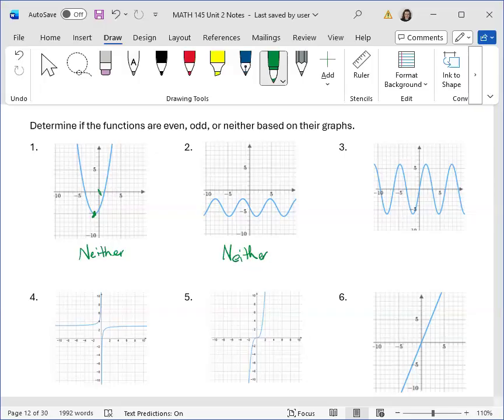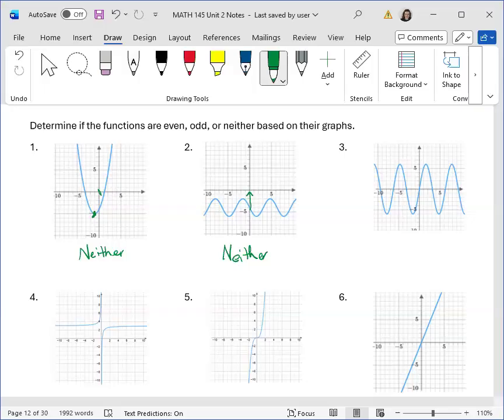But if I were to shift this graph up so that that point would line up on the origin, now it would be odd, because then I could rotate it 180 degrees and the left side would match up with the right side. So again, the way that it is right now, it's neither. However, it would be odd if we were to take that shift away and shift it back to the origin.